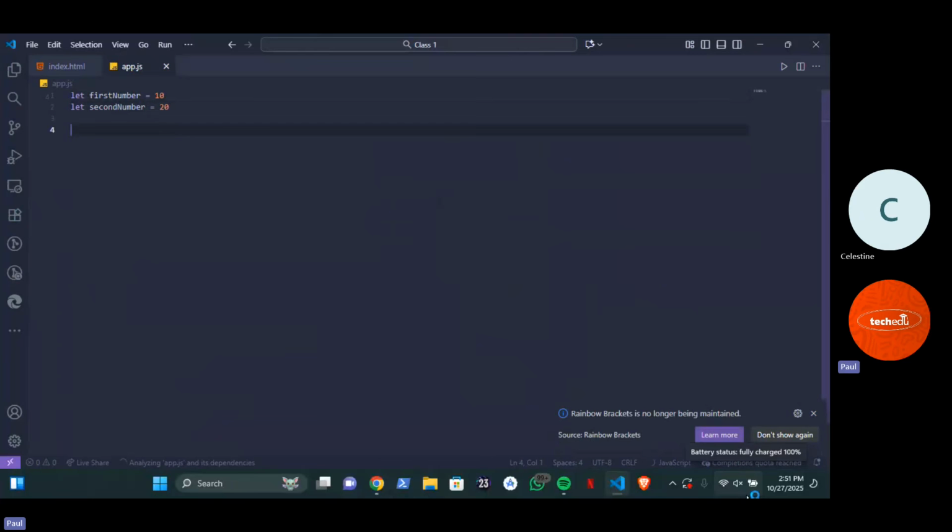You understand? Now let us write a program that checks if first number is greater than second number, or second number is greater than first number.